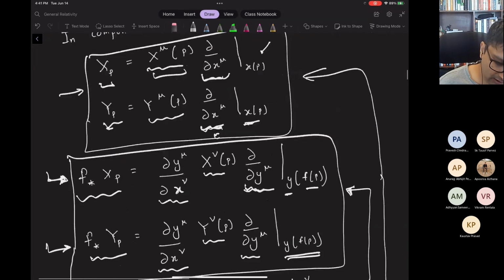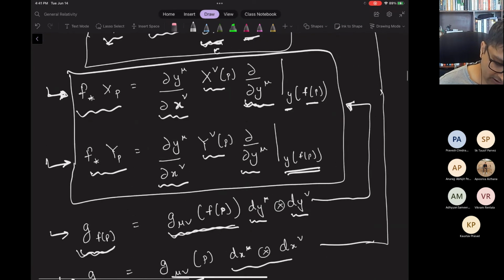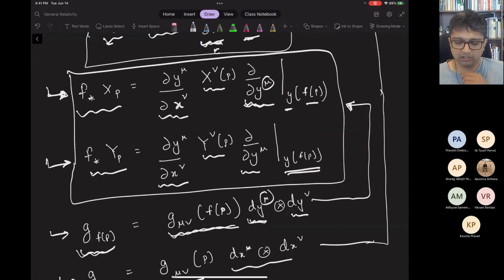So I just plugged in this dy^μ acting on ∂/∂y^μ. I have to use different indices, but it will set this μ index equal to this index. So for all practical purposes, I can basically just get rid of these two, and just write it as G_μν at F(P) times ∂y^μ/∂x^ν times X^ν.